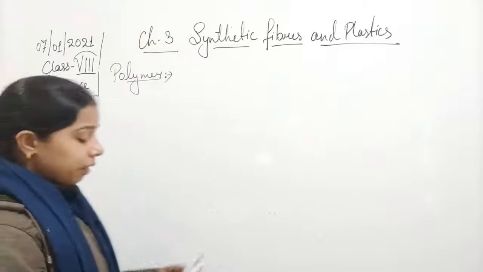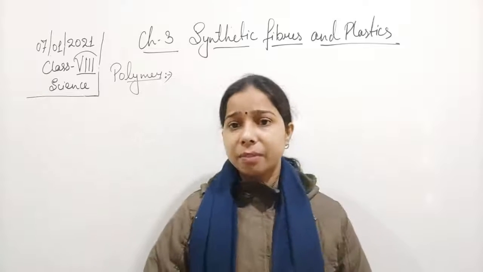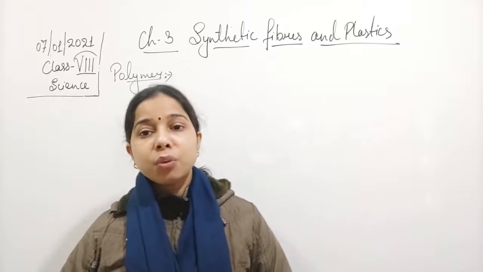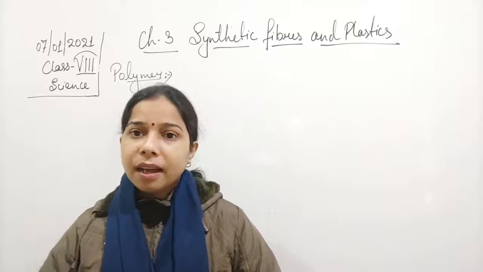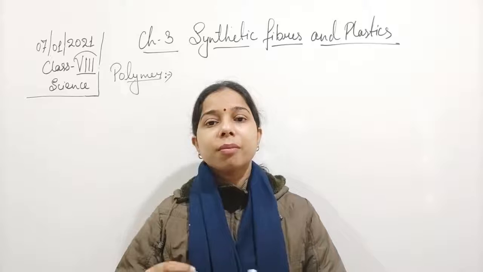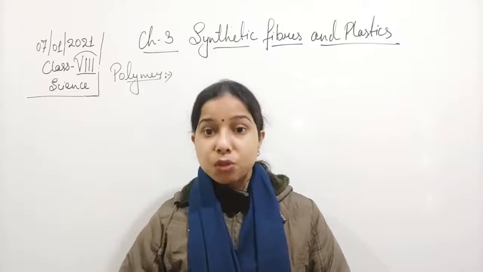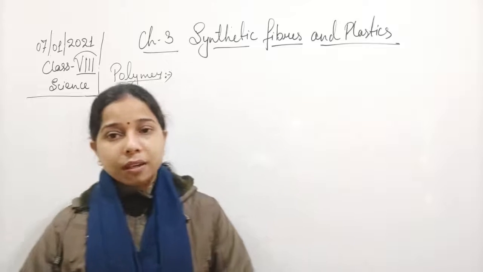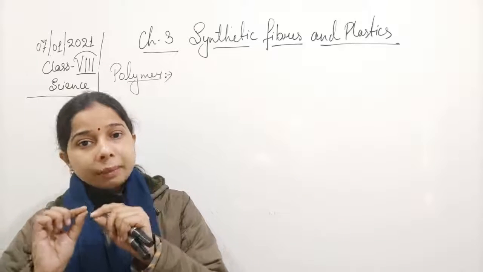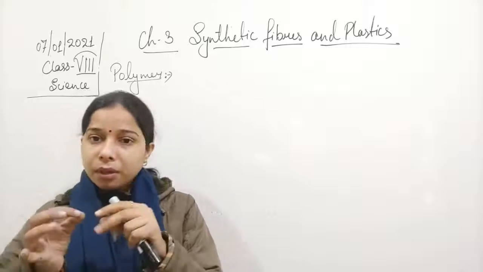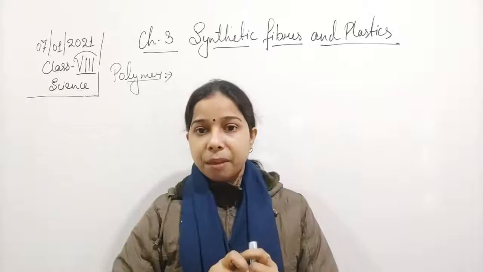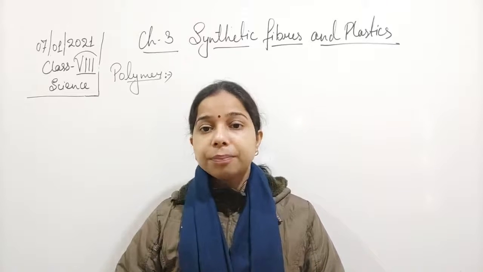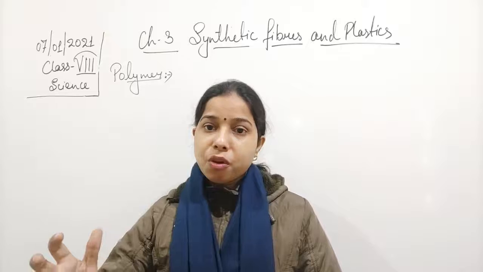Now you see, students, I'll explain the polymer with the help of a very simple example. A woman is wearing a necklace, and that necklace is made up of beads. Here one bead is there, then the other one, then the other one, and finally all of them get arranged in a thread, and there is a formation of a necklace.